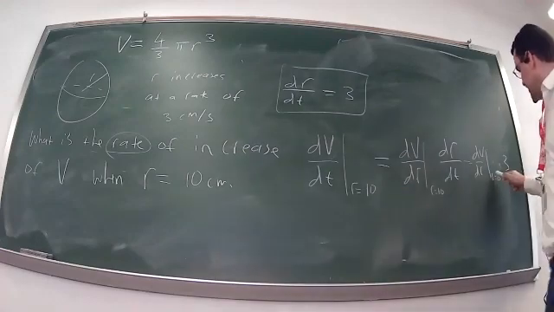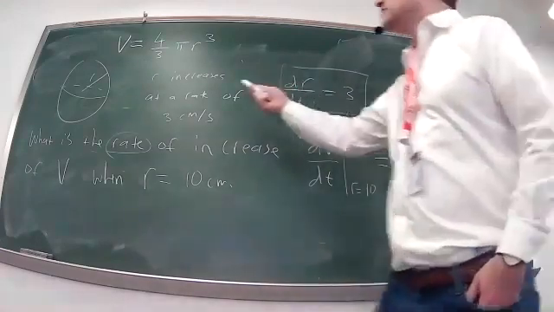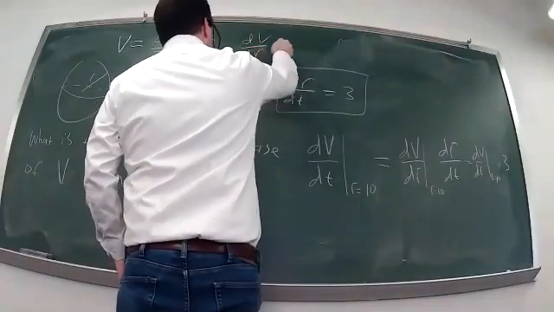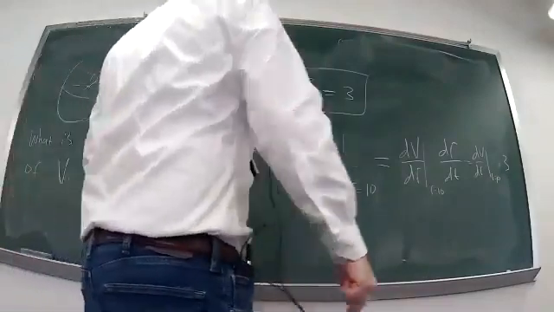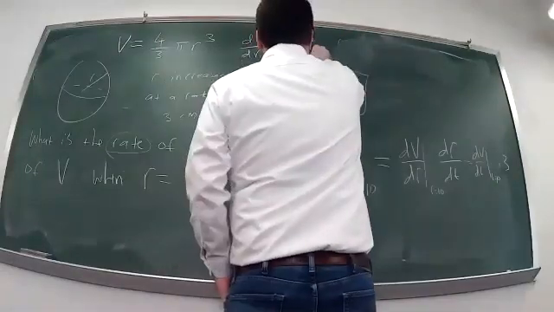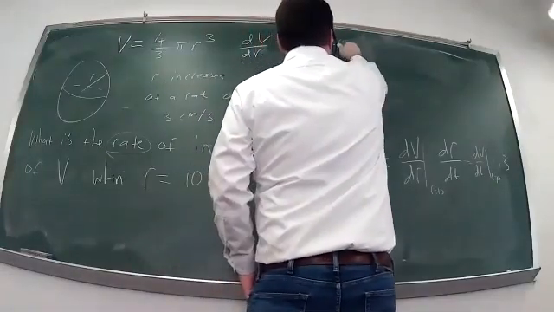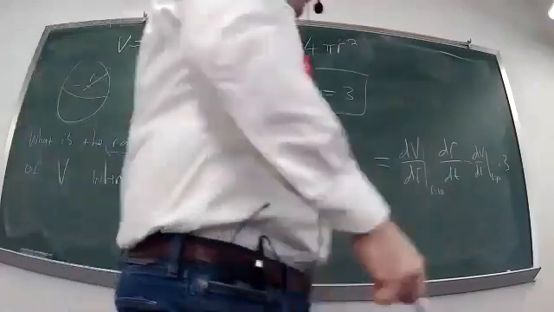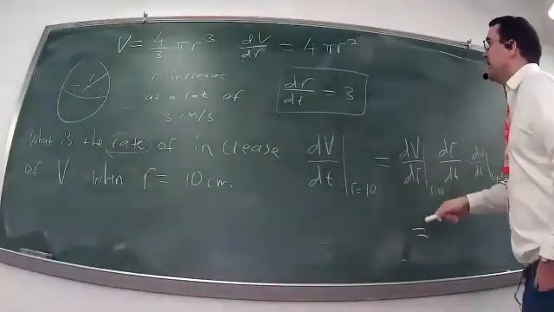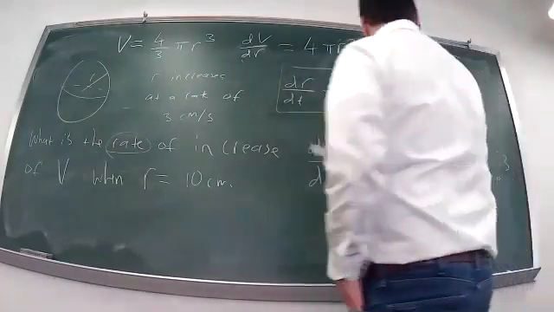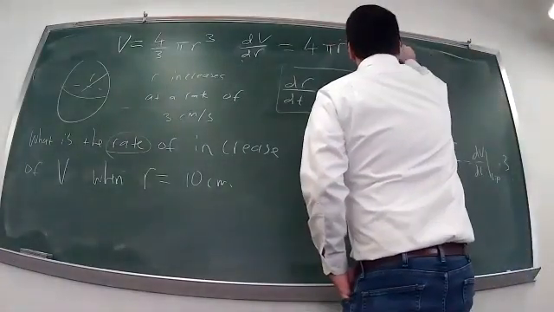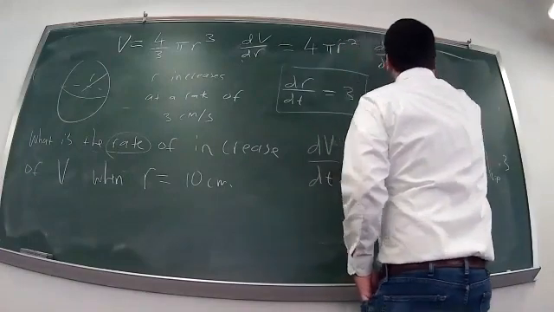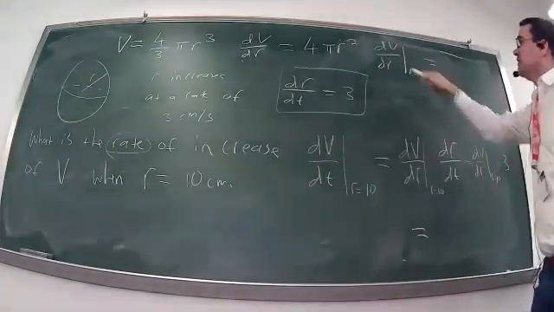And so you just need to take the derivative of v with respect to r. That's going to give you 3 times 4/3, that's 4 times pi times r squared. So you plug that in, and when you're plugging in r equals 10, dv/dr at r equals 10 just means plug in r equals 10.